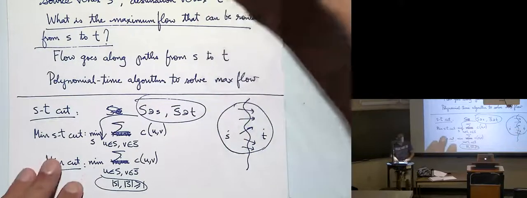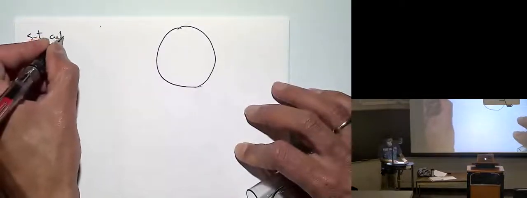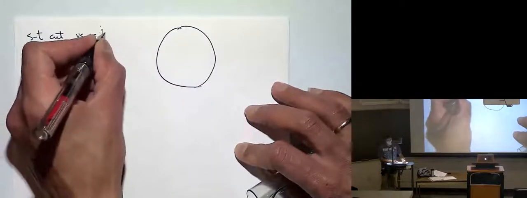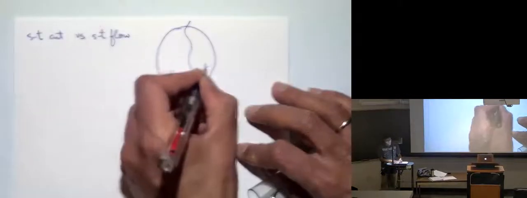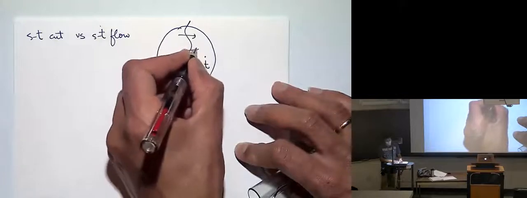So I'm going to draw this as a separate picture, and then maybe you'll start seeing what's going on. So here's ST cut versus ST flow. Here's S, here's T, and this is some cut.